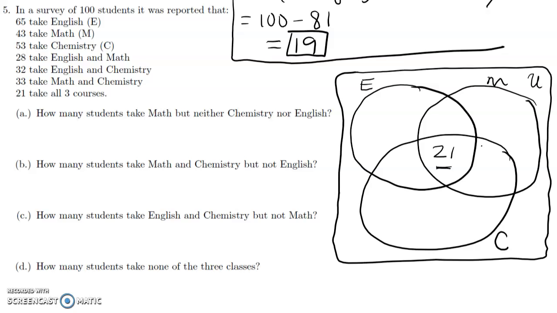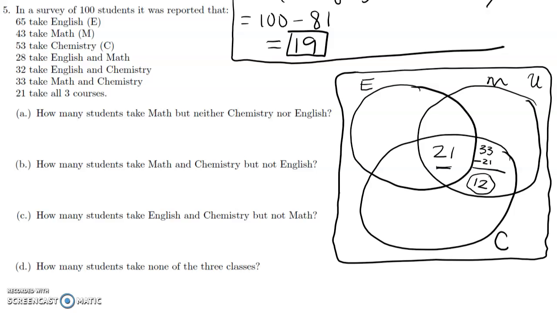So notice what we need is the total of 33 minus the 21 that we already counted. So what we're left with then is just 12 people total in that region. So we've got a unique number of 12. Those are the people who do take math and chemistry, but they're outside of the English circle, so they don't take English.